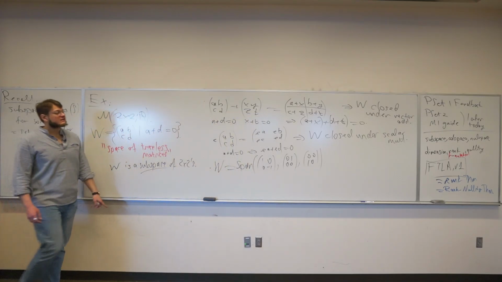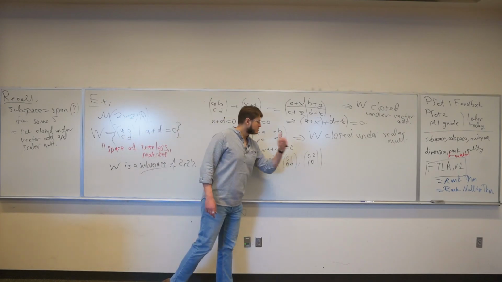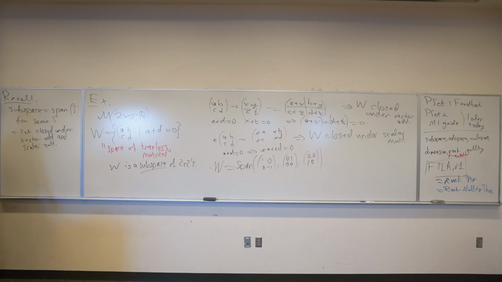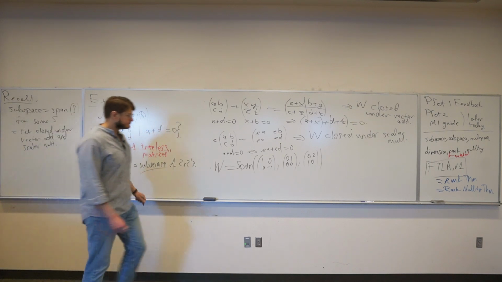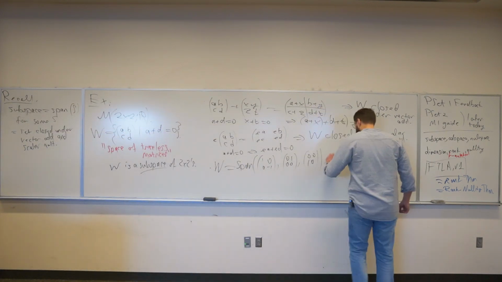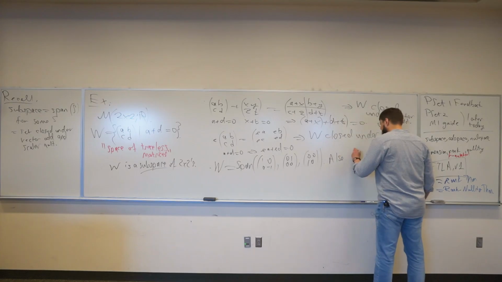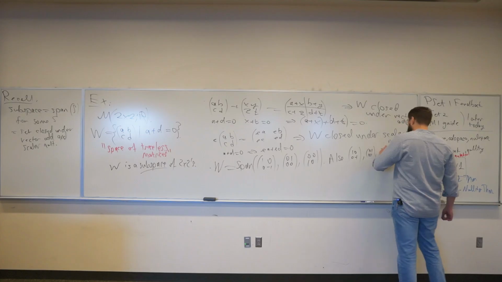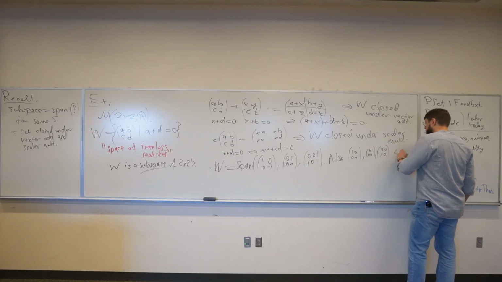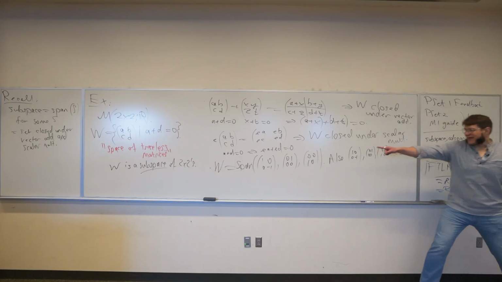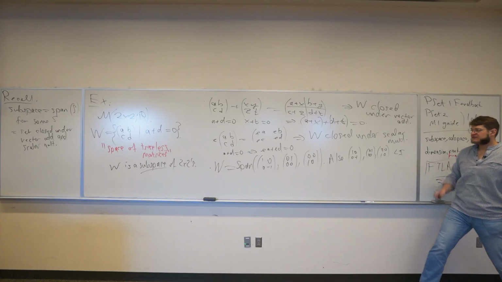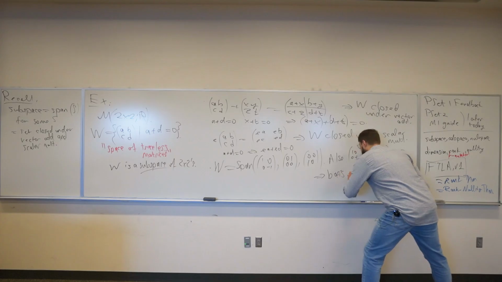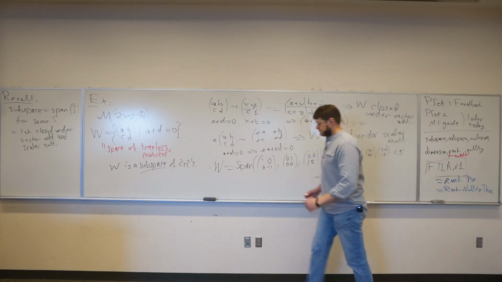That means that indeed these 3 matrices constitute a basis for W. Okay? Span plus linear independence means basis. Okay?